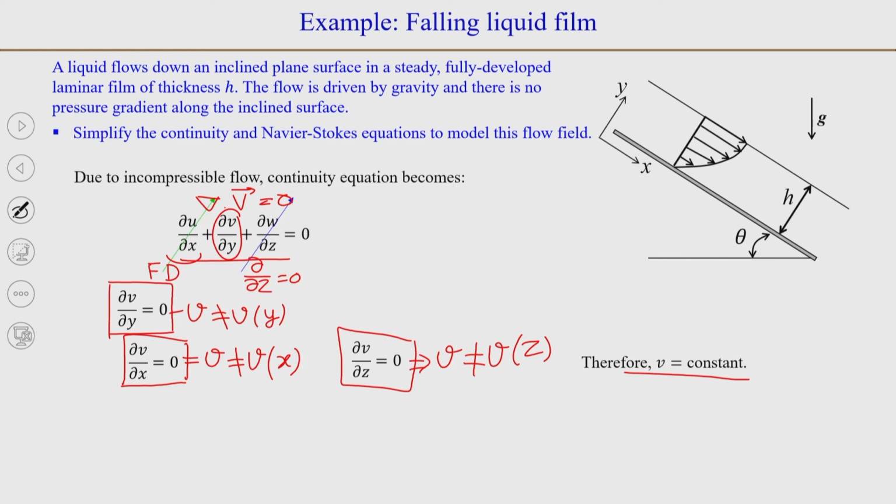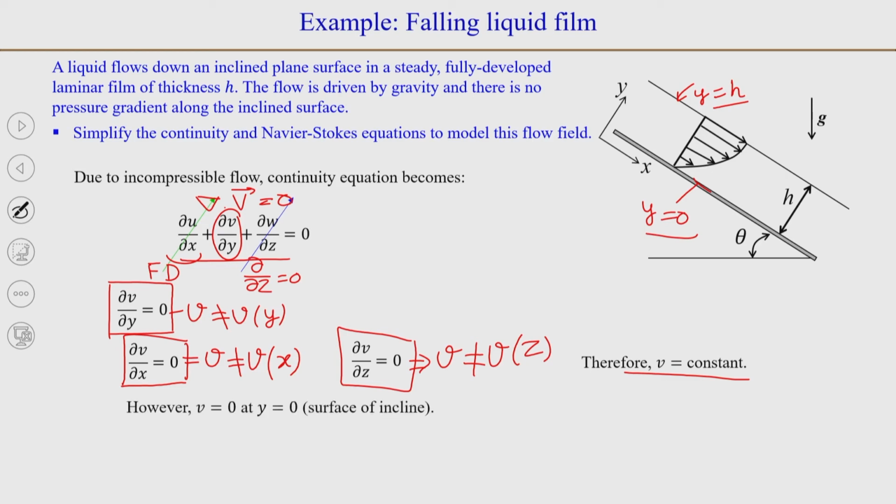Now, we know that along the y direction at y is equal to 0, which is the wall, and at the other end y will be equal to h, which is open to air or open to atmosphere. So, at y is equal to 0, there is no slip boundary condition. So, v and u will be 0 there.